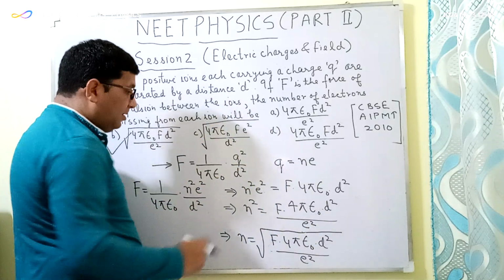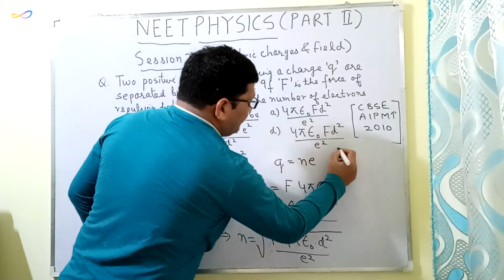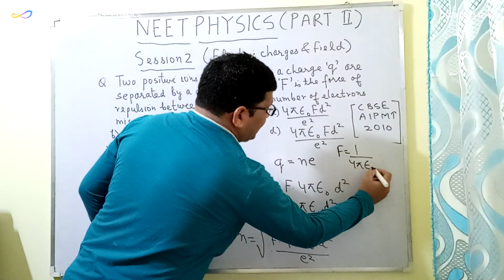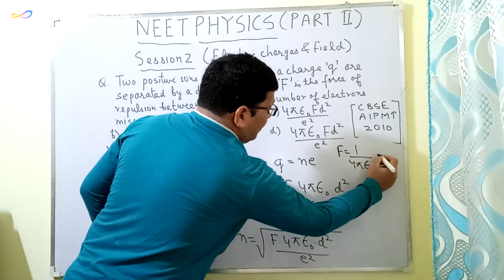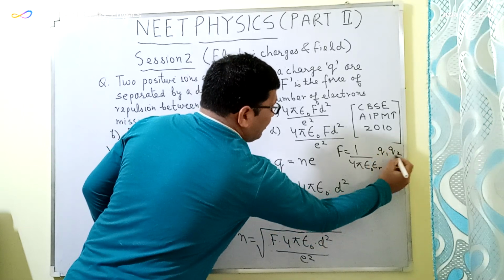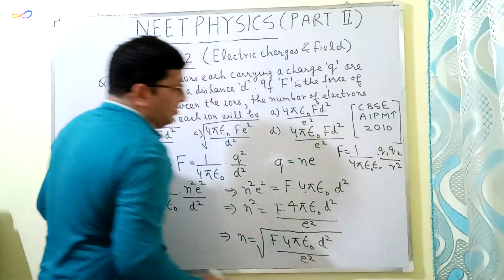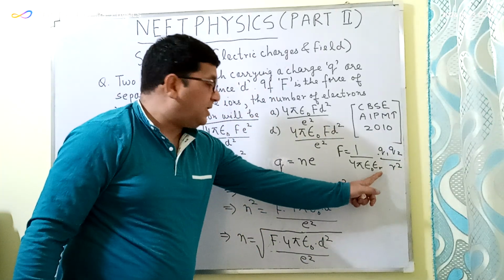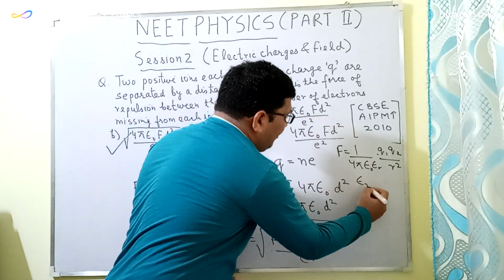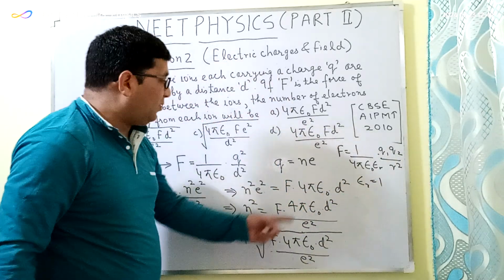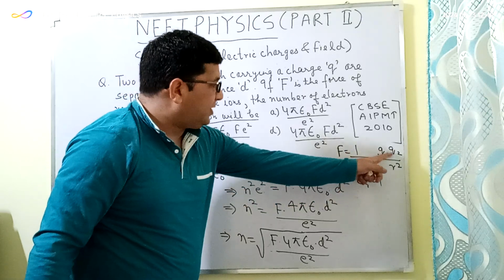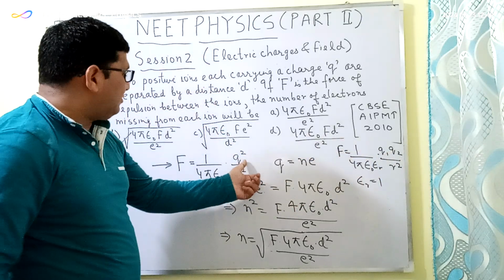In this case, the actual formula is 1 by 4 pi epsilon naught epsilon r q1 q2 divided by r square. If the medium is free space, then this relative permittivity is equal to 1. So in free space, the formula becomes 1 by 4 pi epsilon naught q1 q2 divided by r square.